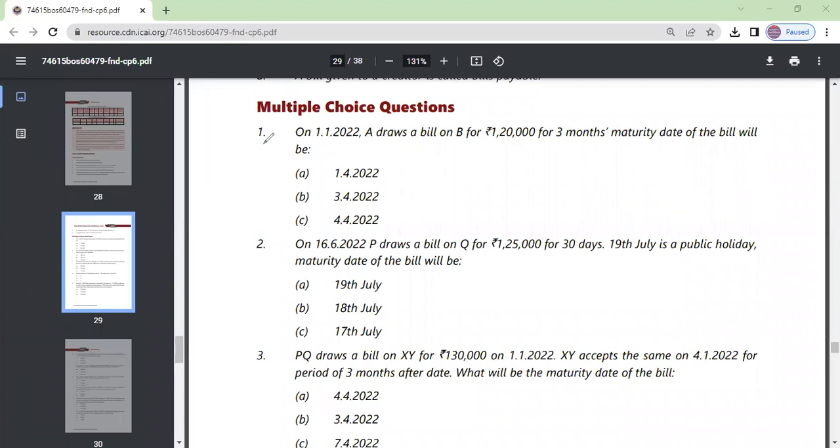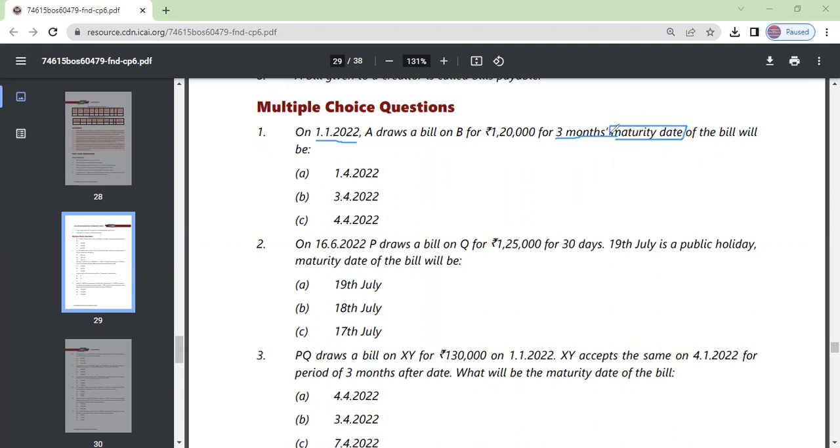Now, coming to question number 1. On 1st January 2022, A draws a bill on B for 1,20,000 for 3 months time period. Maturity date of the bill will be. So, what do we need to calculate? The maturity date.